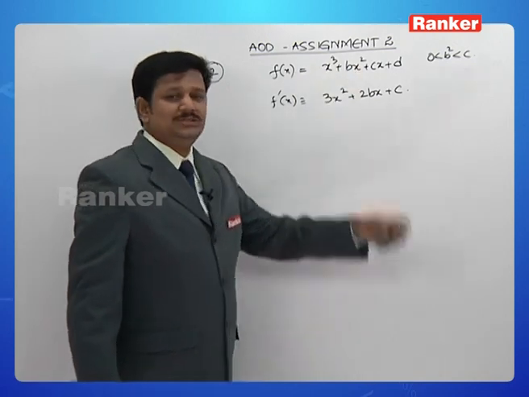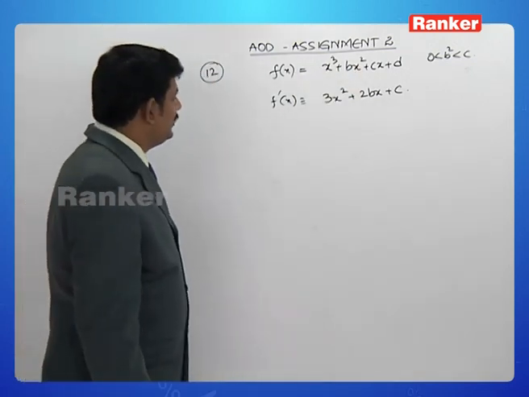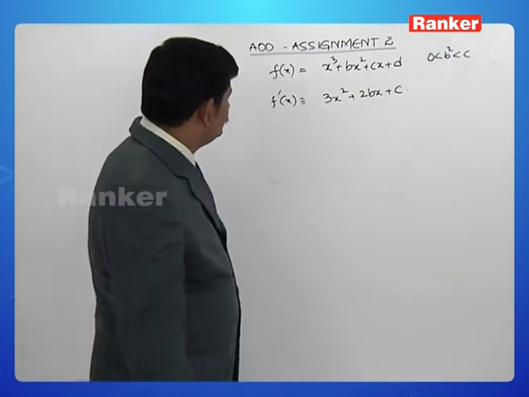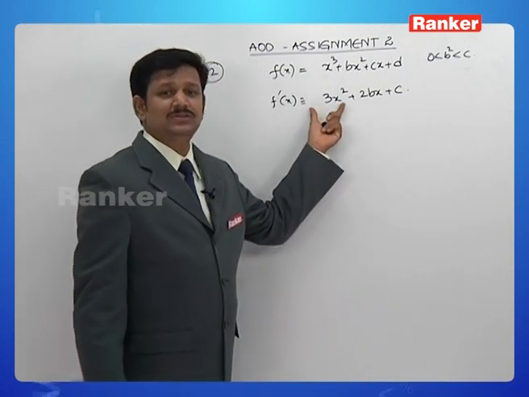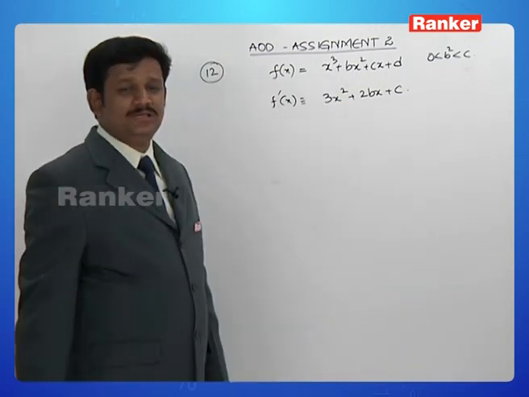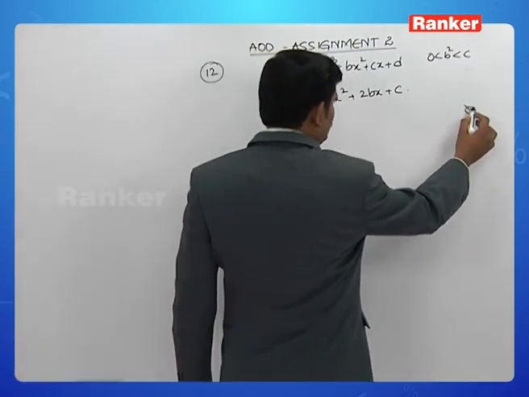For f of x to be strictly decreasing, as this is a differentiable function, it is mandatory that f dash x is always less than or equal to 0. But because the coefficient of x square is positive, this will never be possible. So again option C cannot be our option.